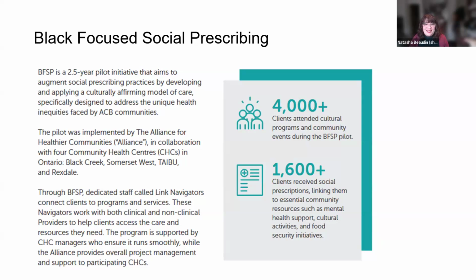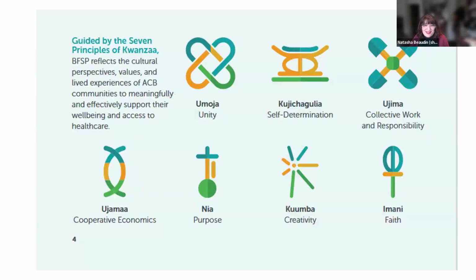Next slide. I never know how much I should talk about each slide, but to ensure that this project was grounded in the cultural perspectives, values, and lived experiences of African, Caribbean, and Black communities, we used the principles of Kwanzaa to guide the work.